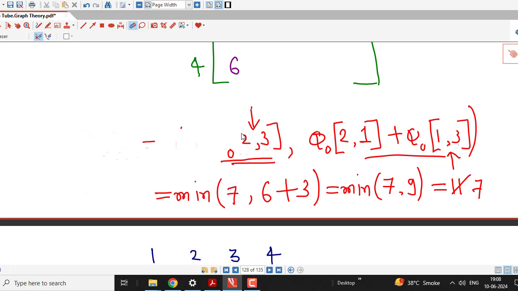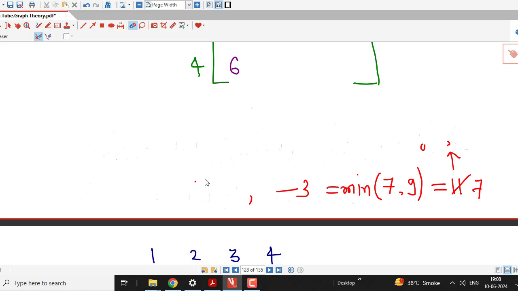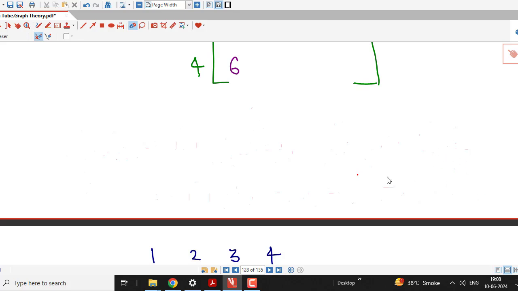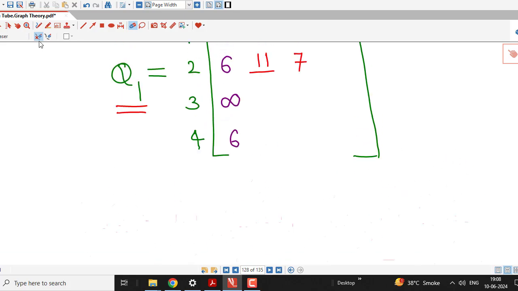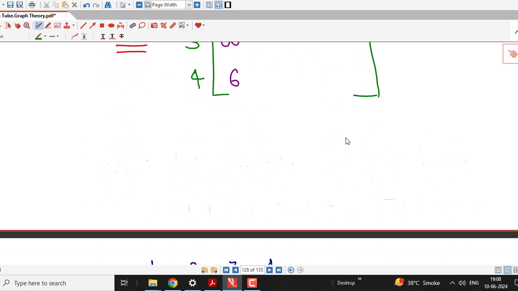Suppose we write further entries using this formula. Let me remove this. So every time you have to use this formula, and be careful, if you are writing even a single entry wrong, then you will get a wrong answer. Now I have reached up to the entry in second row and fourth column of Q1.